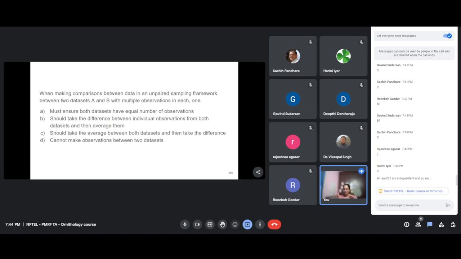So you find the mean of A, which is A1 plus A2 plus A3 plus A4 plus A5 divided by 5, and then you do B1 plus B2 plus B3, the summation of that divided by 3, because they are unequal, and then you subtract the means between both. That is how you would find the mean difference in a study design with an unpaired sampling framework.